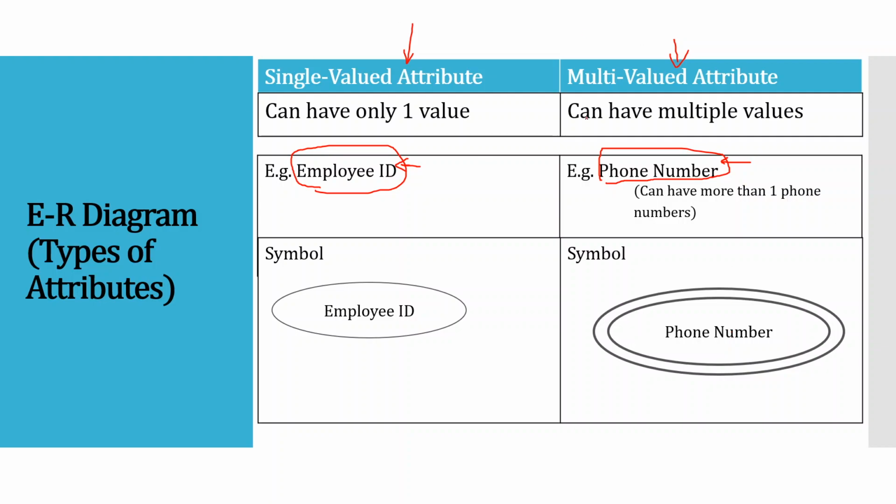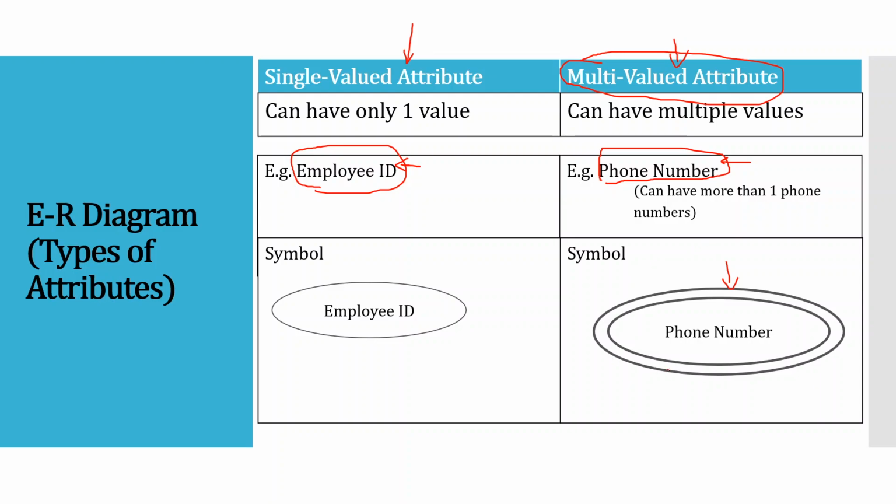The symbol of the multi-valued attribute is two ovals, that means two ellipses. So don't have a confusion here that if you are having three values, there will be three ellipses. No, only two ovals are the symbol of multi-valued attribute. If you are having three values, you will not draw three ovals.